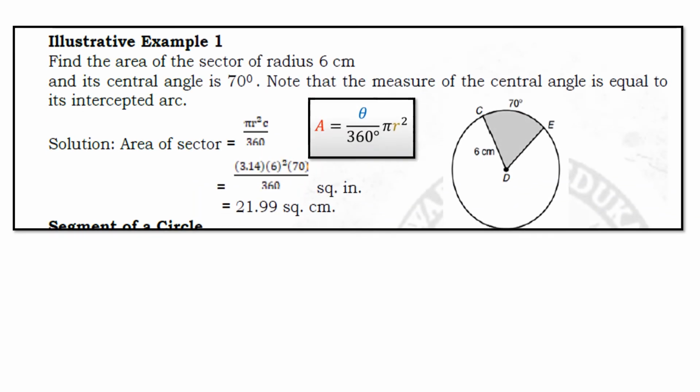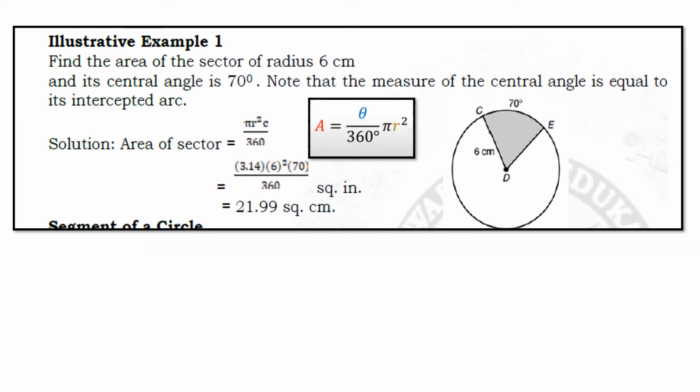So, let's have an example. Find the area of the sector of radius 6 cm. Tingnan natin yung figure. Ang radius daw ay 6 and its central angle is 70 degrees. Note that the measure of the central angle is equal to the intercepted arc. So, whatever be the measure of our central angle, yun din ang ating intercepted arc. To find the area of the sector, we have pi r squared C over 360.